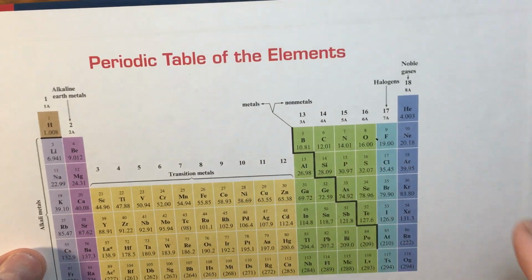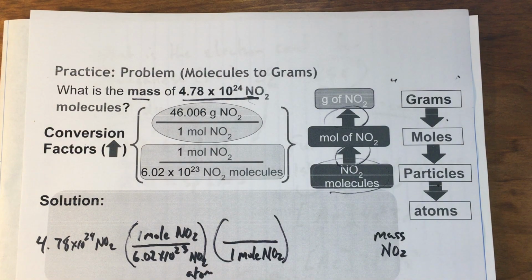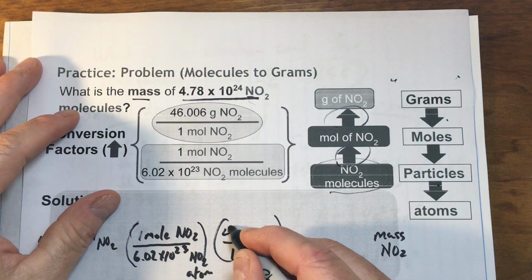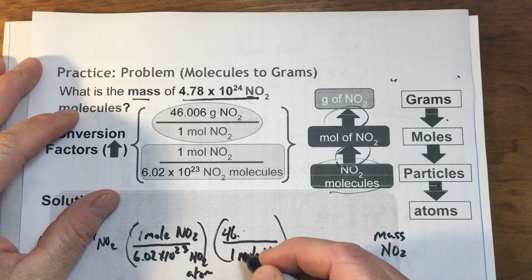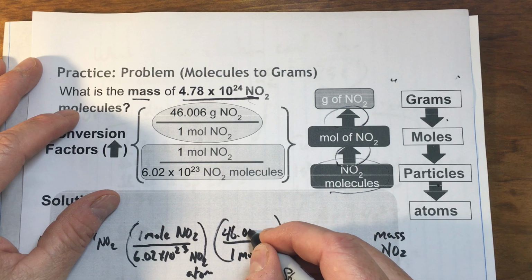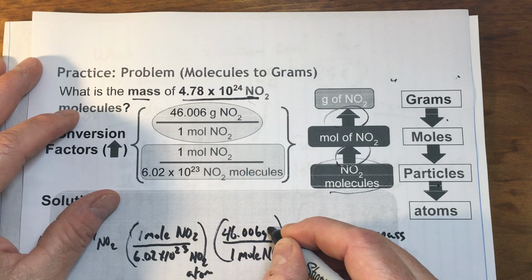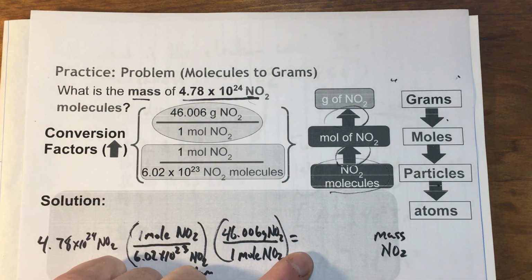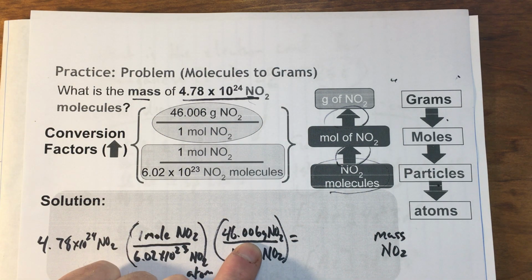Why? Because it's NO2. If you add that up, you get 46.006, and we would put that right here, the mass of 1 mole of NO2. This is our conversion factor, and that's going to give us the mass we need, the grams of NO2.